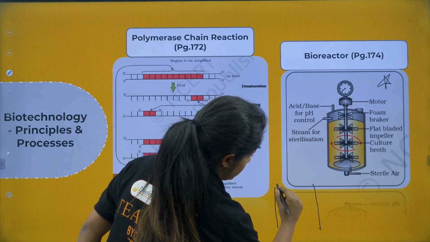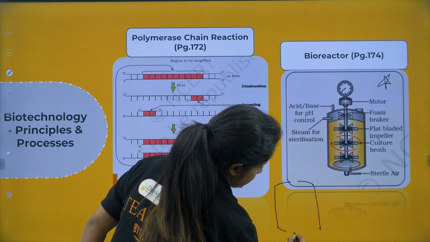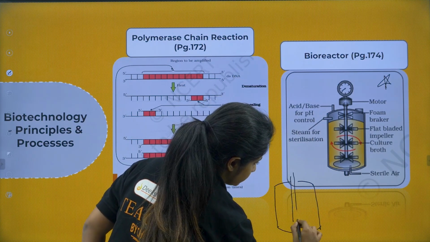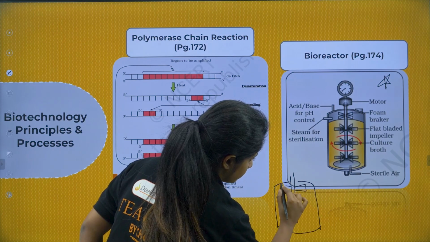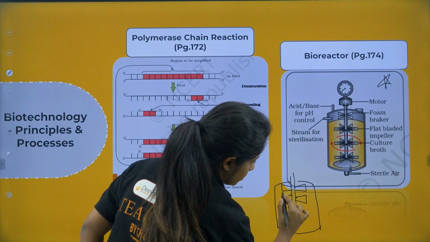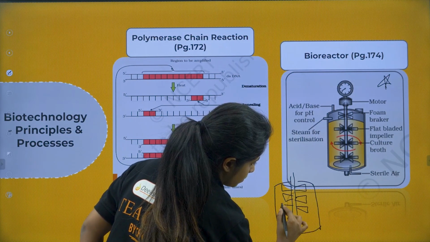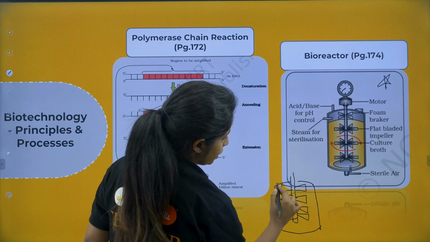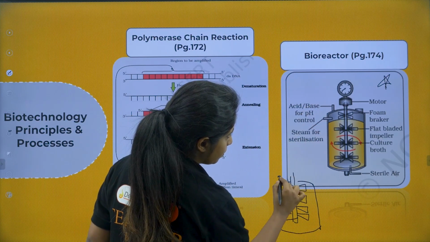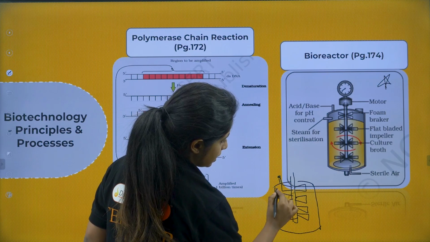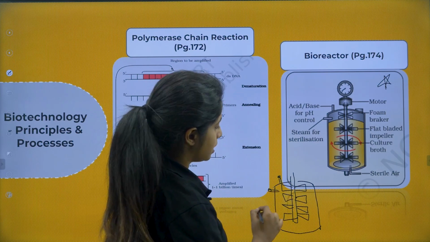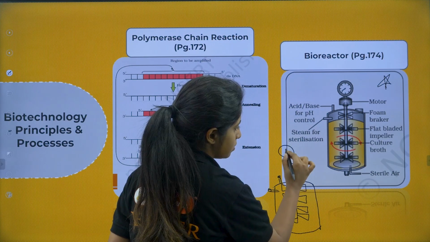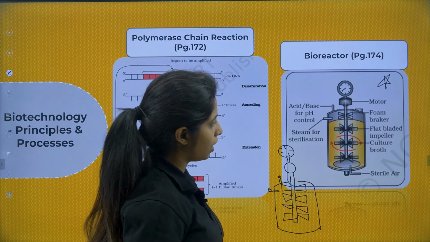Then you have to make certain blades. Then you have to make pH control, steam for sterilization and things like that, a motor probably to run this, and also a timer if required. It will stop after some time.